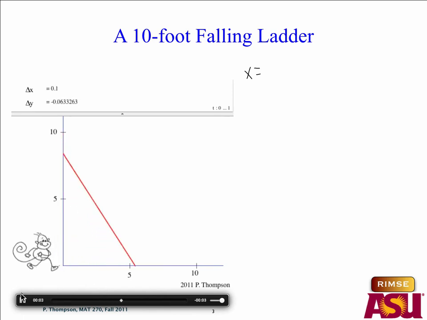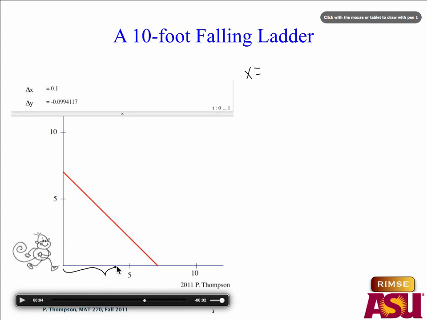Let me pause it for a second. So if I pause it, what can we talk about? X is going to be what? X is time? Horizontal distance away from the wall.